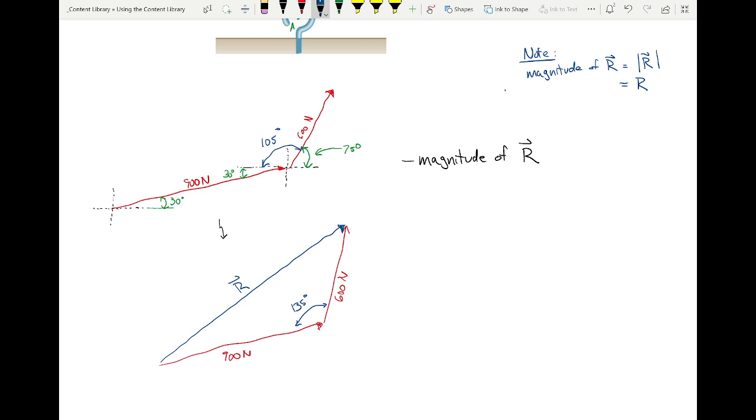All right, so let's look at the magnitude of R, okay? This is what I propose. I propose that R squared equals 900 newtons squared plus 600 newtons squared minus 2 times 900 newtons times 600 newtons times cosine 135 degrees.